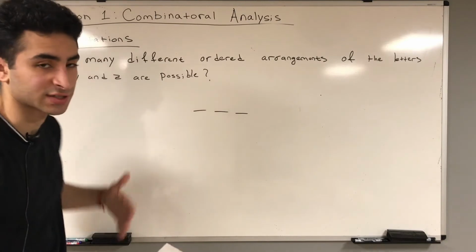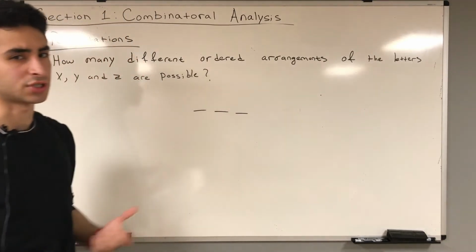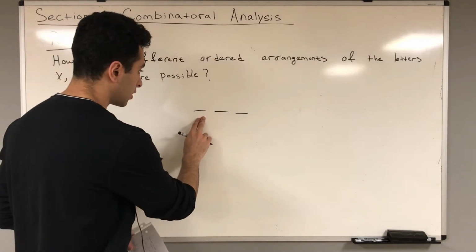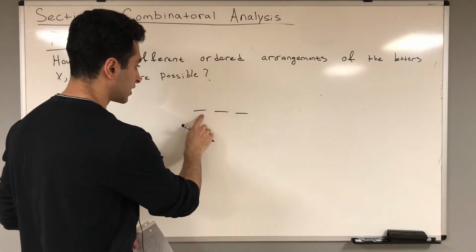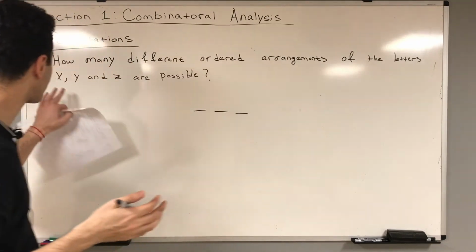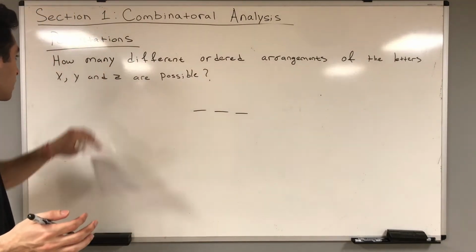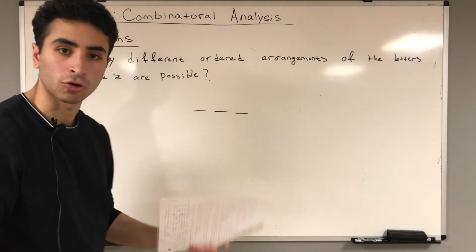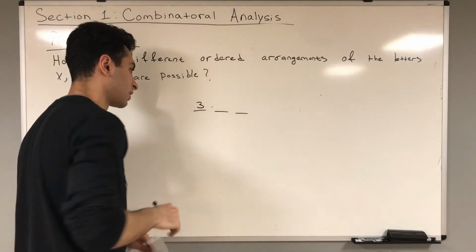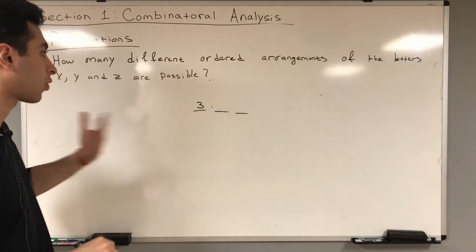So instead of the 26 from the English alphabet, for example, this time we just have the X, Y, and Z. How many different outcomes can I get in my first experiment? Well, I have 3 different letters to choose from. I haven't chosen one yet, so I could choose 3 to be in my first place. Any of the 3, right? I could choose X or Y or Z.